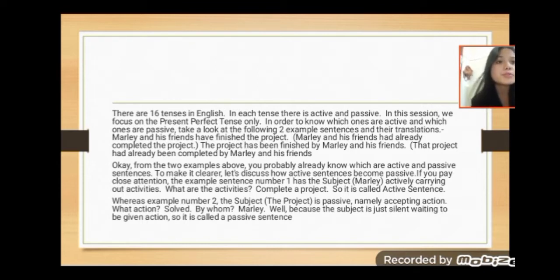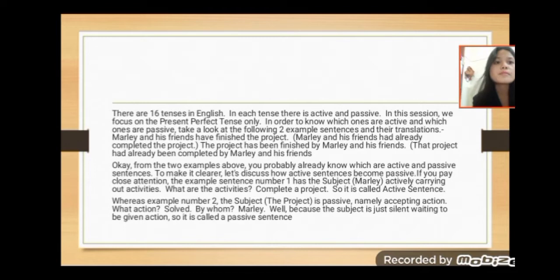In order to know which ones are active and which ones are passive, take a look at the following 2 example sentences and their translations. Merle and his friend have finished the project. Merle and his friend had already completed the project.